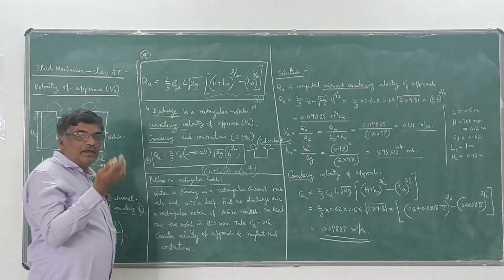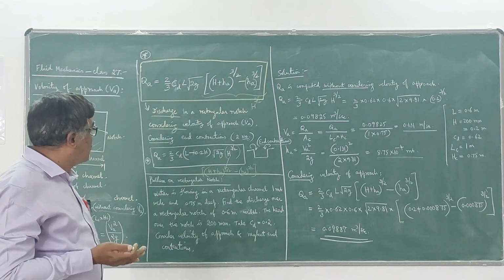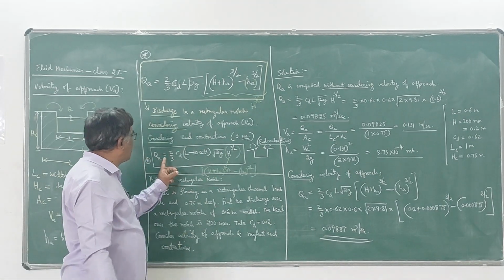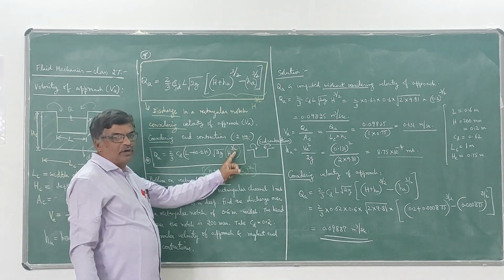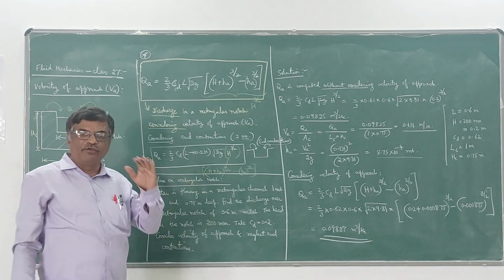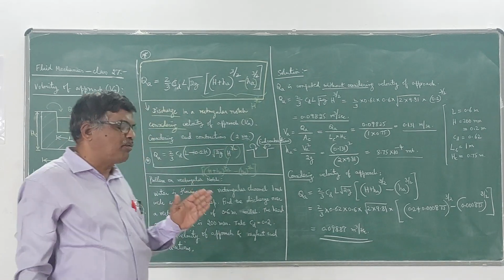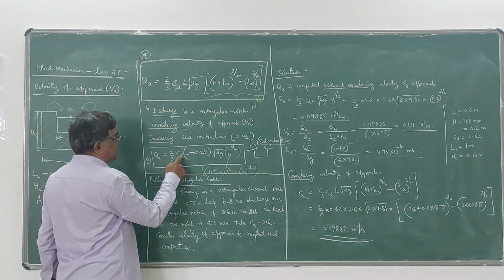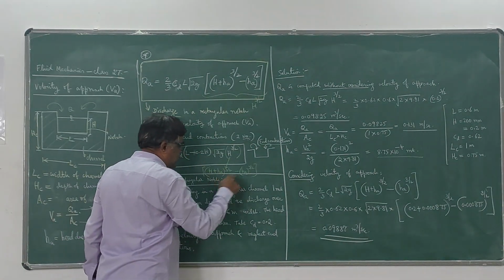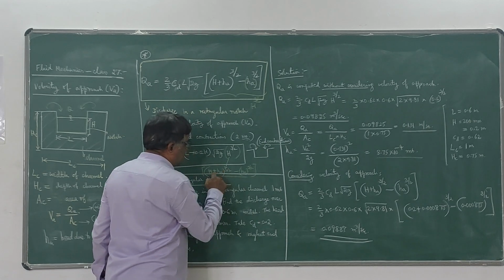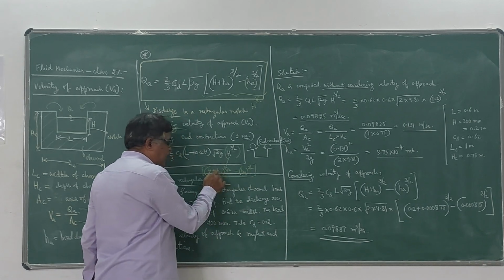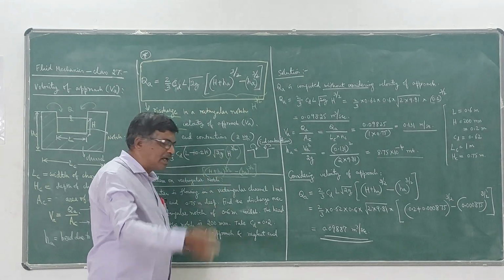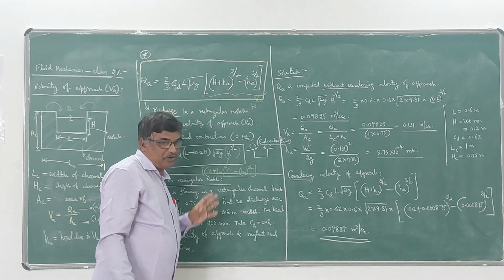Next, if you consider only end contraction without considering velocity of approach, then this is the equation with H to the power of 3 by 2. Then lastly, if you consider both velocity of approach as well as end contractions, then it will be 2 by 3 CD into (L minus 0.2 H) into this term, whatever I have written here. Considering both end contraction and velocity of approach is the general case, so this is the equation we have to use.